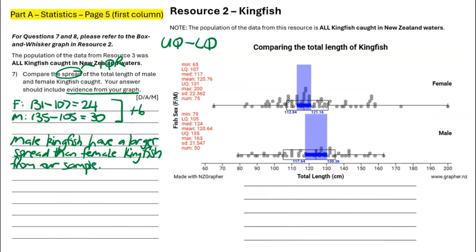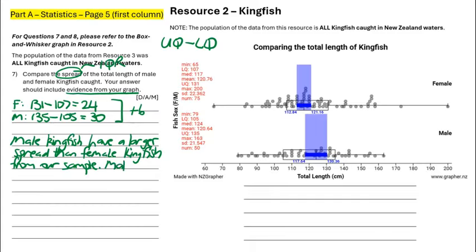So I want to note first thing, for achieved, you need to have that comparative word. So that there would be your achieved comment. The fact you told me it's larger and you've got males being larger than female, so you got it in the right direction, is really important. So that's the wording you need for achieved. Your evidence from your graph now needs to back it up.